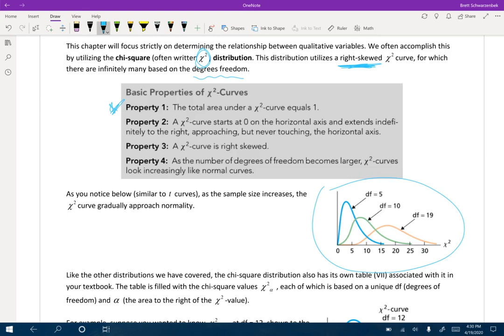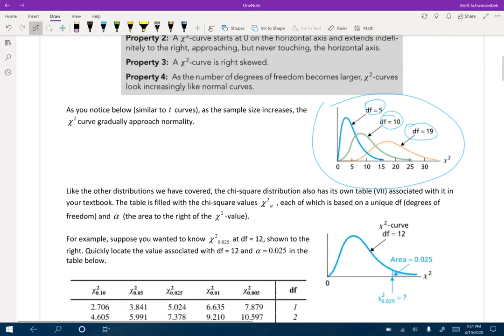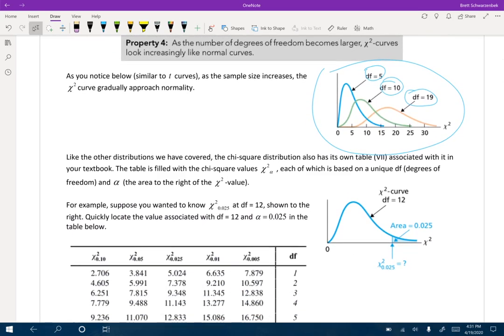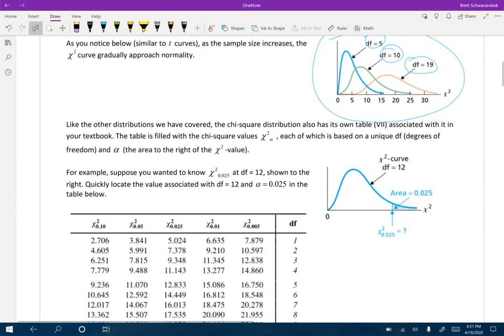We know it's right-skewed, and basically, as the degrees of freedom becomes larger, so you can see here, here, and here, it becomes less skewed and more normal. But again, this is very similar to F distributions that you've seen before. So just remember that as the chi-square curve increases in sample size and degrees of freedom, it approaches normality.